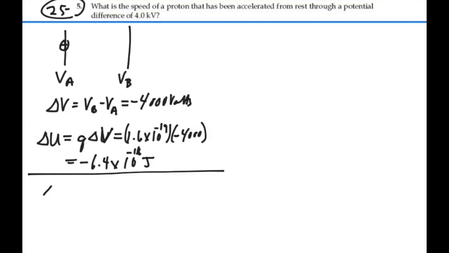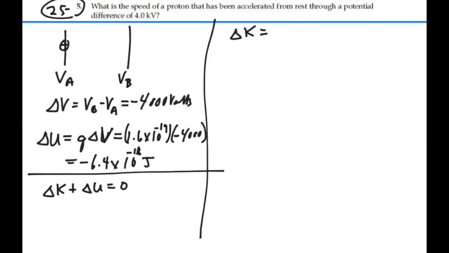Now we know that the change in kinetic energy plus the change in potential energy is equal to 0 for this field. So our change in kinetic energy will be equal to the negative change in potential energy. And so that will be equal to a positive 6.4 times 10 to the minus 16 joules.